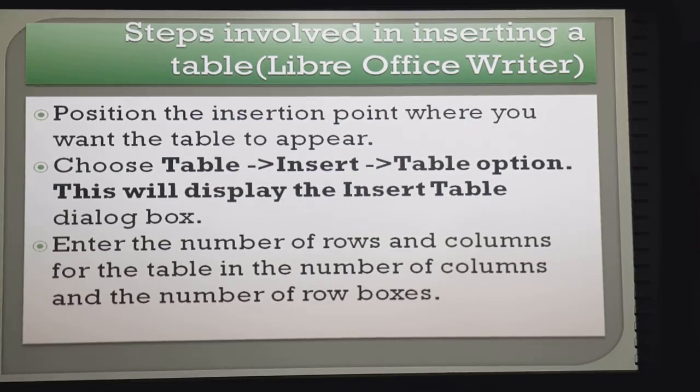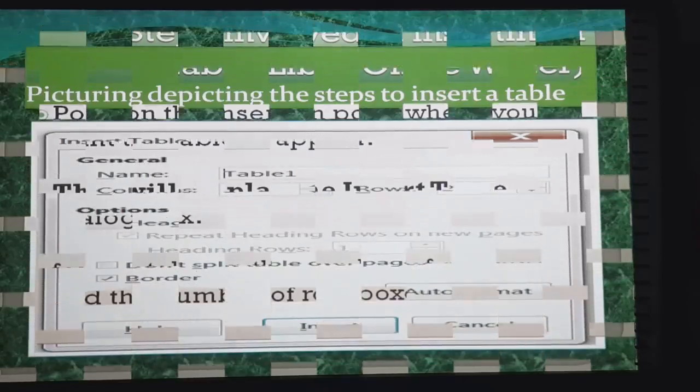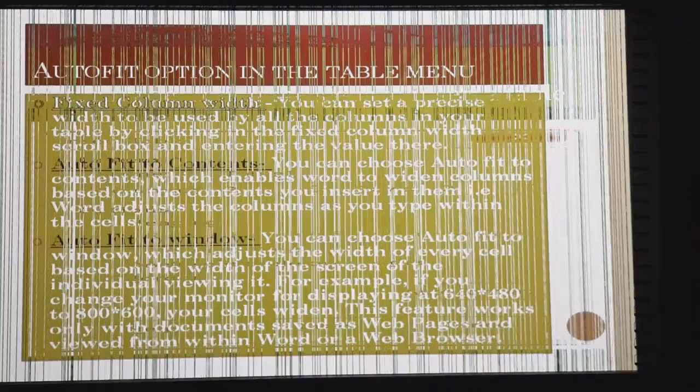When you press Ctrl and F12 keys together, the Insert Table dialog box will appear, and based on our requirement we can select the number of rows and columns, and that particular row and column, when meeting at a specific location, that location will also be considered a cell. Okay, so this is the picture depicting the same.